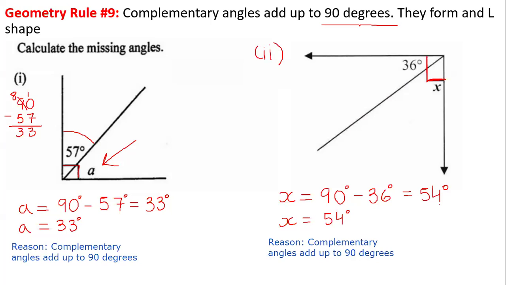This is the amount of rules for our level. But if I look at the past papers and I see any other rules that I didn't teach you all, then I will let you know. But I can't think of any other ones right now.